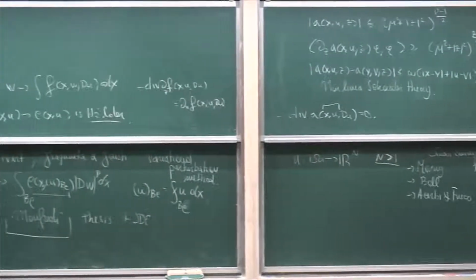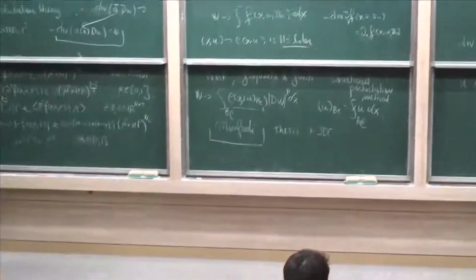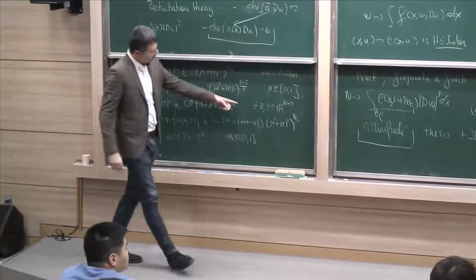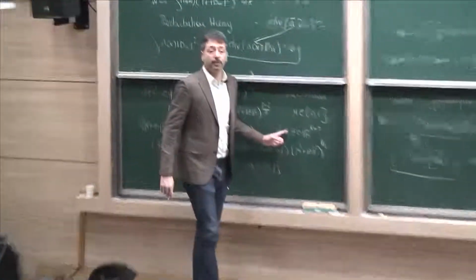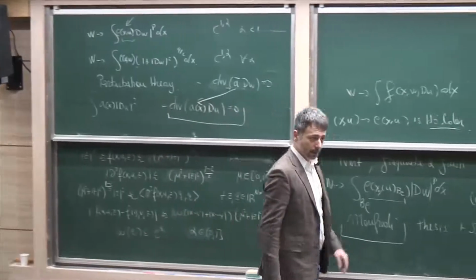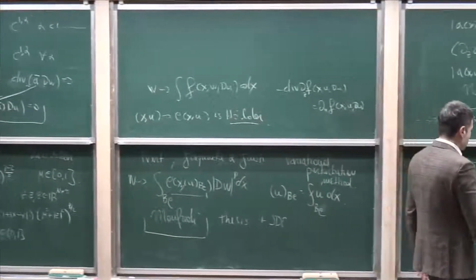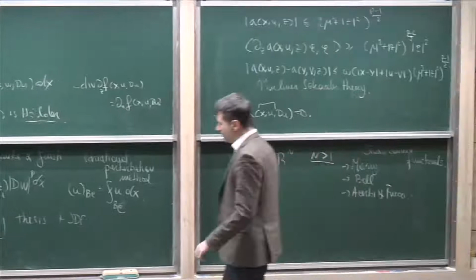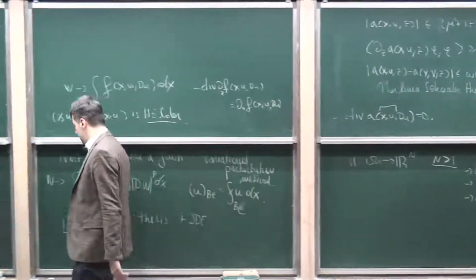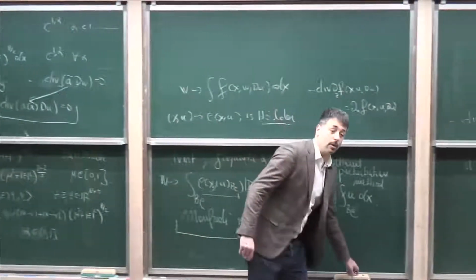So the convexity assumptions are formulated in this way, but now the only difference is that z is the gradient variable of a vector valued map. Okay, that's the point. Now, the main new thing in the vectorial case is that singularities actually occur.